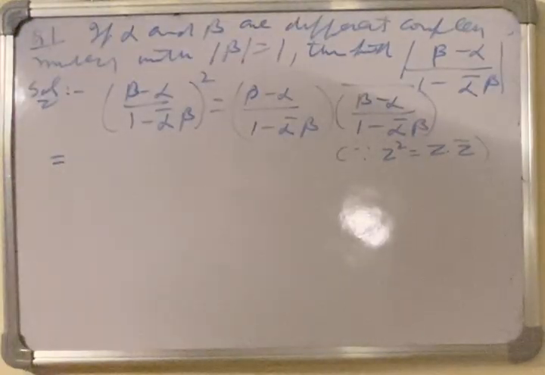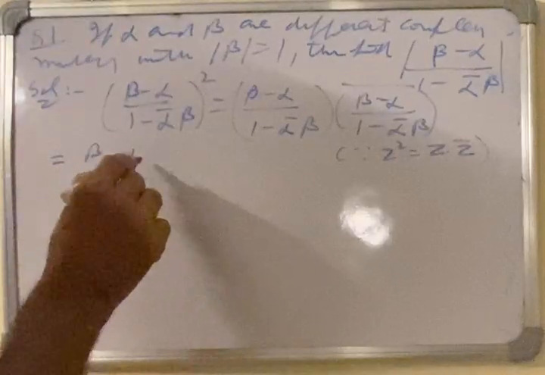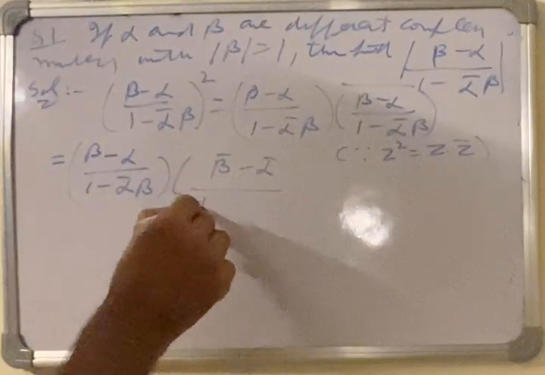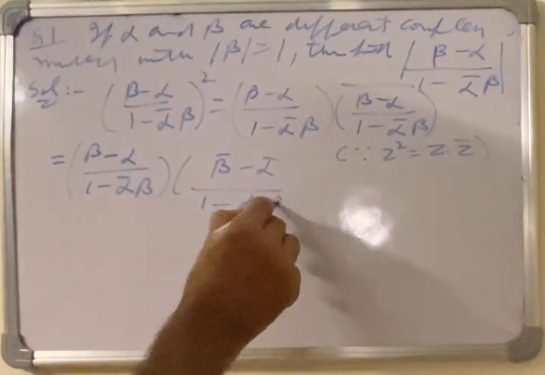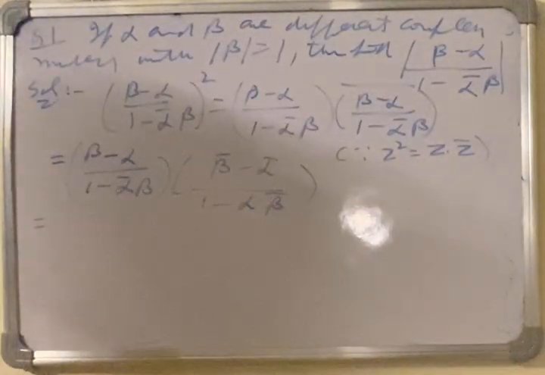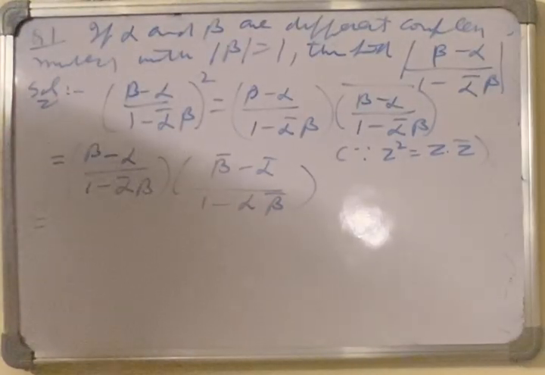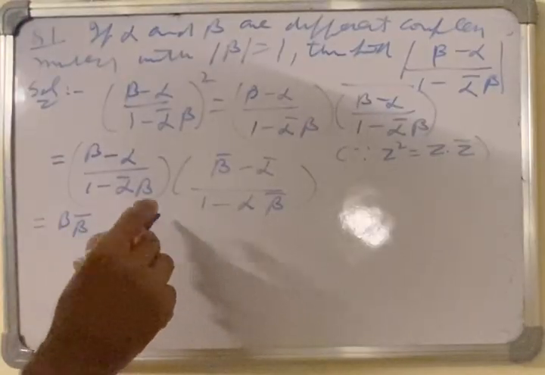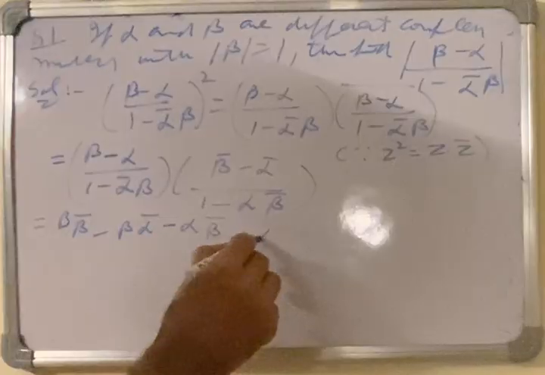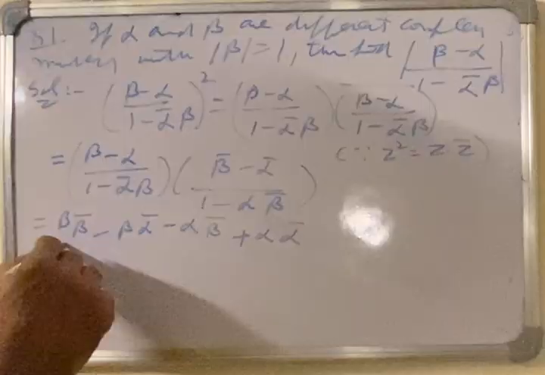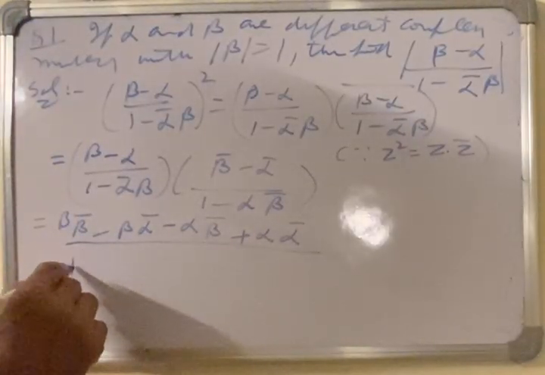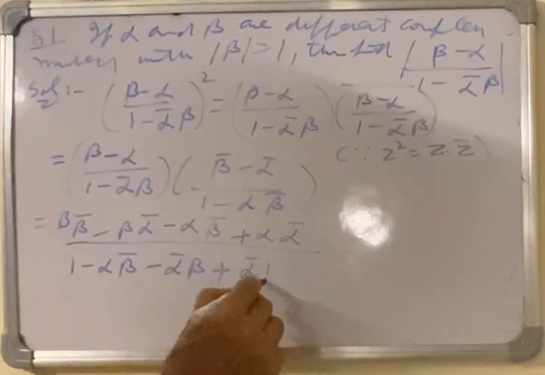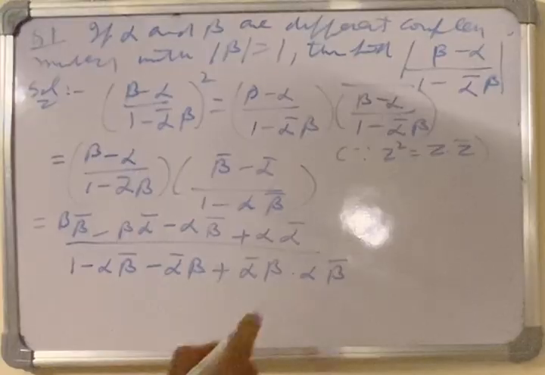Multiplying these, we get (beta beta bar minus beta alpha bar minus alpha beta bar plus alpha alpha bar) over (1 minus alpha beta bar minus alpha bar beta plus alpha bar beta alpha beta bar).